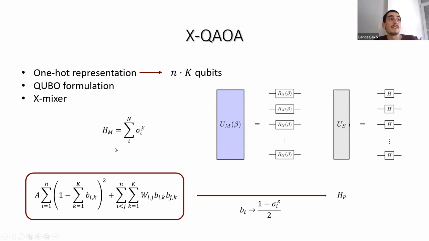The ground state of this mixer is the plus state, so we can achieve this by applying Hadamard gates over all qubits. This is the most simple version of QAOA for this problem.